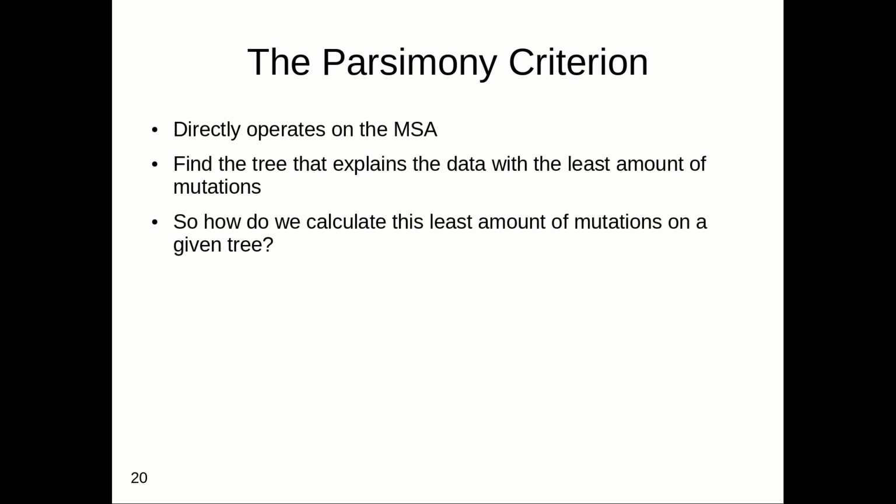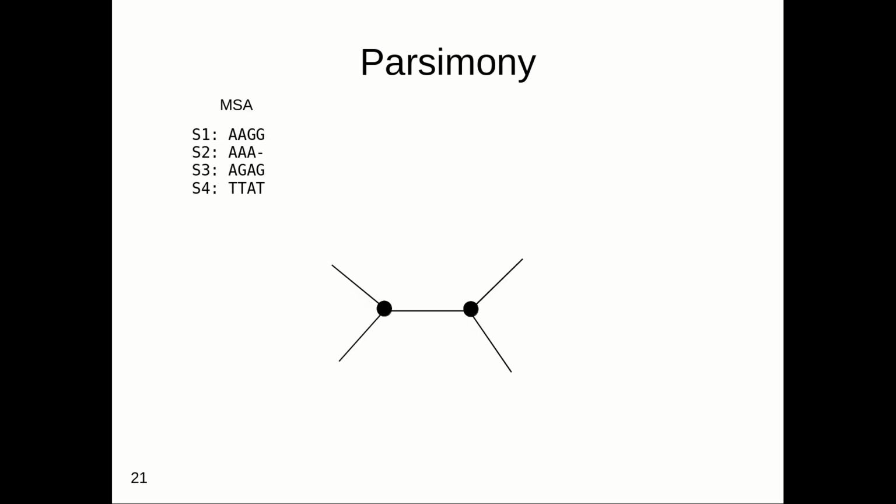So we're just trying to find the tree that can explain or generate the observed multiple sequence alignment data using the least amount of mutations. Now the question is, how do we calculate a parsimony score for a given tree topology? How do we calculate the least amount of mutations required to explain the data for a given tree?